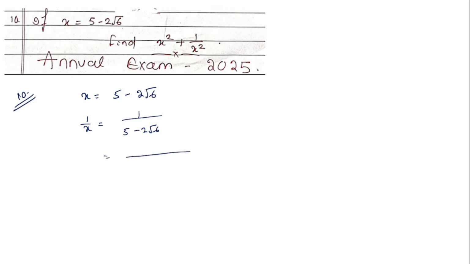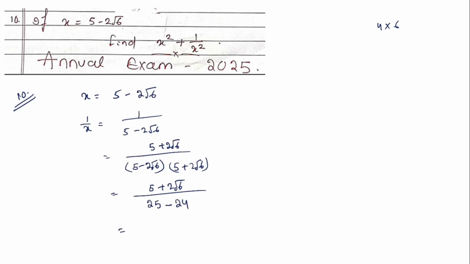Now rationalize, that is 5 minus 2 root 6 multiply with 5 plus 2 root 6. So 5 plus 2 root 6 divided by 5 square is 25 minus 24, because 2 square is 4 into 6, 4 6 is 24, equal to 5 plus 2 root 6 divided by 1, or 5 plus 2 root 6.